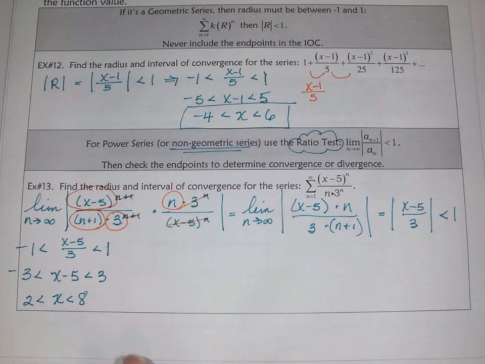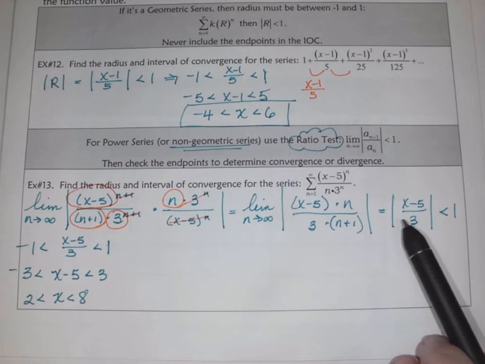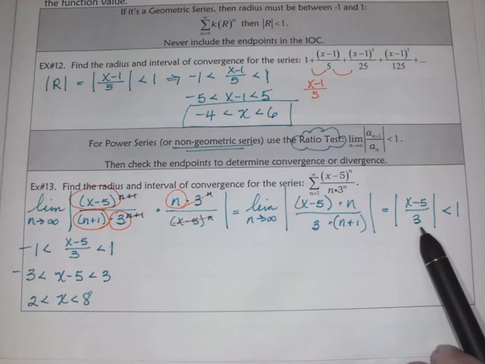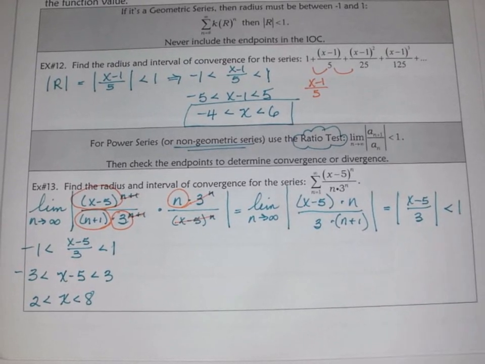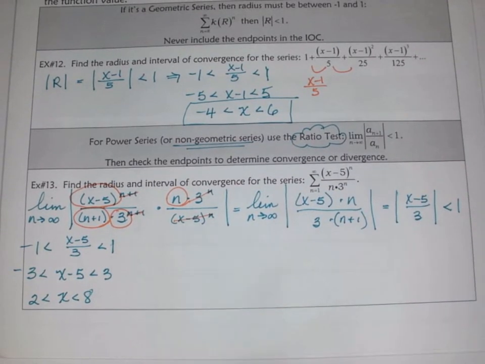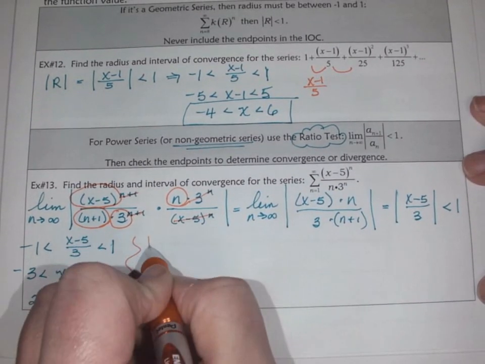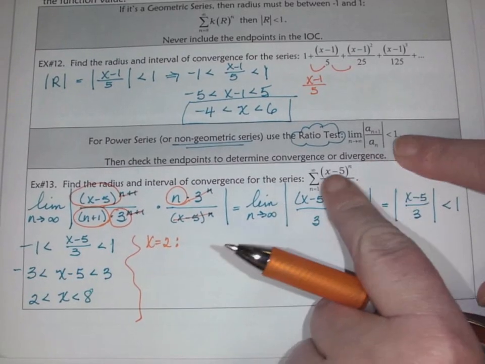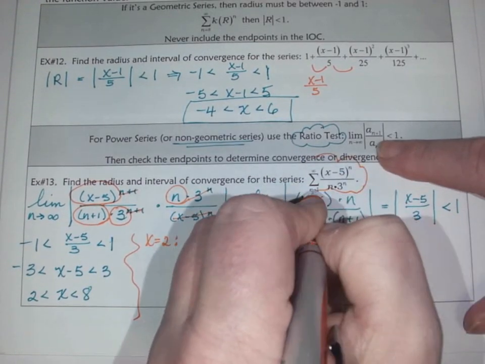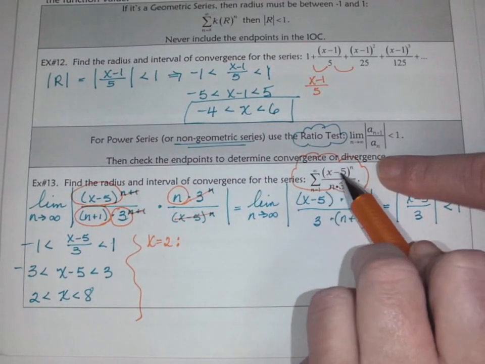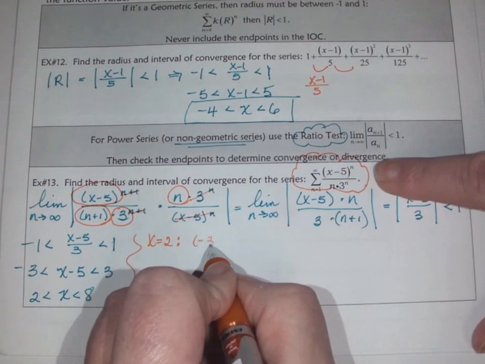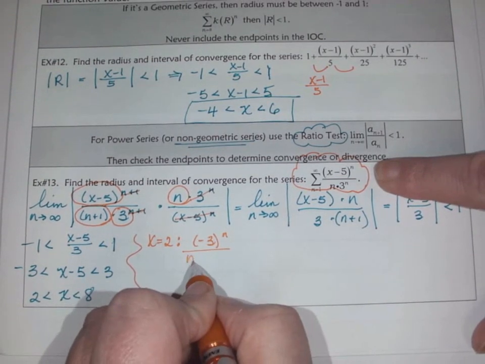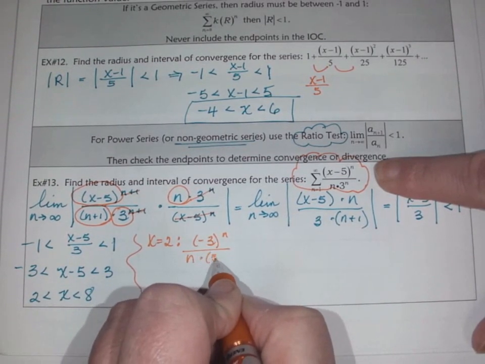Now, the problem with these is when I take 2 and I plug it in, that would give me negative 3 over 3, which is negative 1. Absolute value of that is 1. And the ratio test, remember, doesn't know what happens when the ratio is equal to 1. So we go back to the beginning problem and we plug in x equals 2 into our original problem right here. So when we plug in, 2 minus 5 is going to be negative 3 to the n over n times 3 to the n.